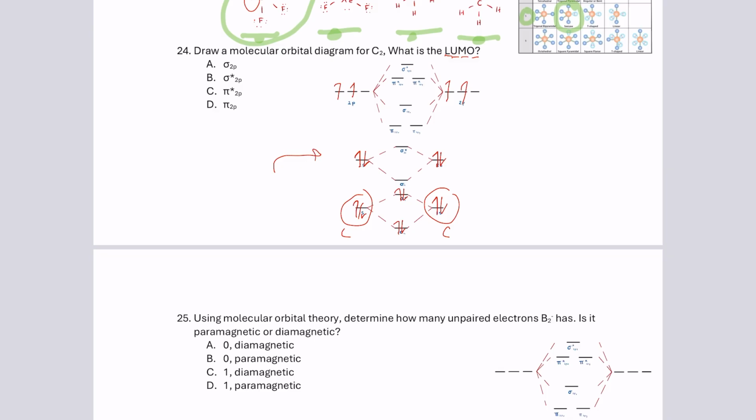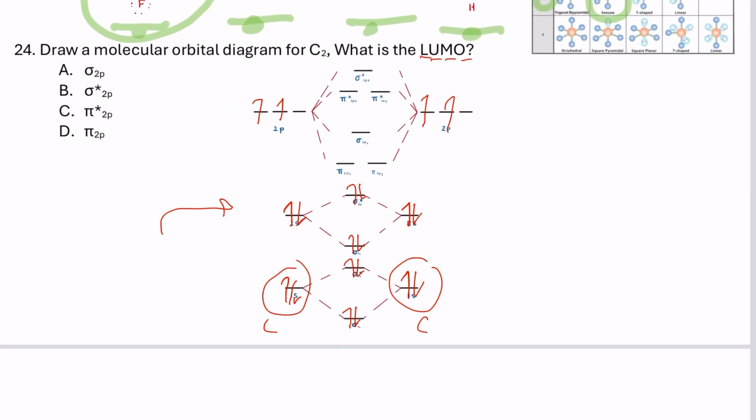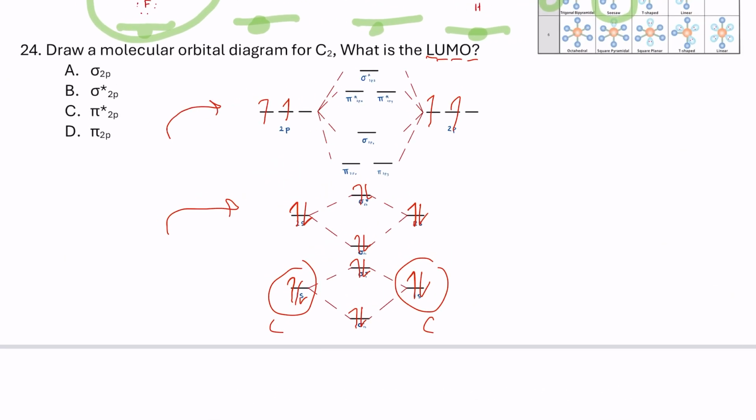Here we have 4 electrons to distribute. 2 go into the sigma 2s bonding orbital, and the other 2 go into the sigma star 2s anti-bonding orbital. Finally, we make it to 2p. We have a total of 4 electrons to distribute. We're going to place them in the pi 2p bonding orbitals.